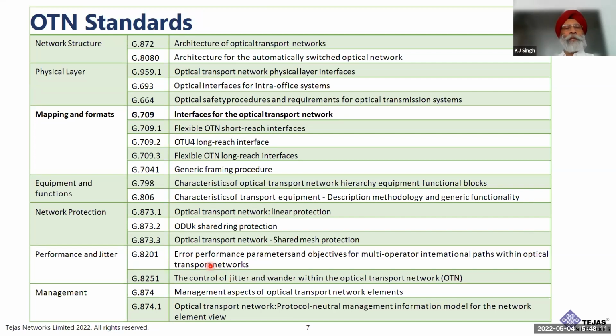I just wanted to put up this slide. A lot of people focus on G709, which is really the basic framing structure in the OTN world, but there are other aspects of the network, and I would encourage you to take a look at some of these, especially the standards related to protection, some of the performance and jitter requirements that are there.